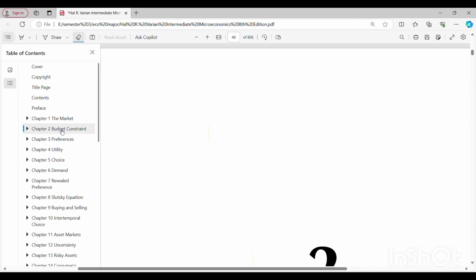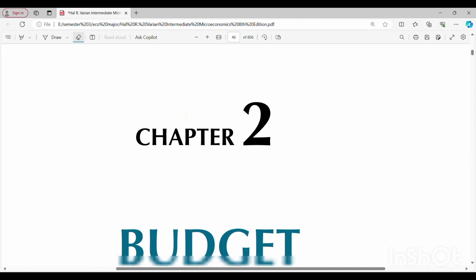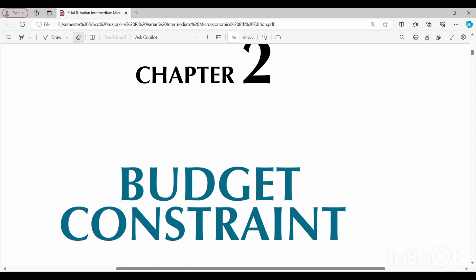So, second chapter, budget constraint. According to an economist, the economic theory of a consumer is very simple: the consumer chooses the best bundle of goods that he can afford.